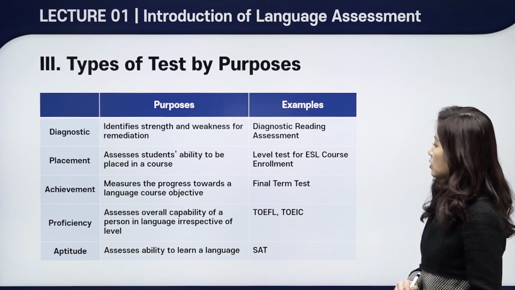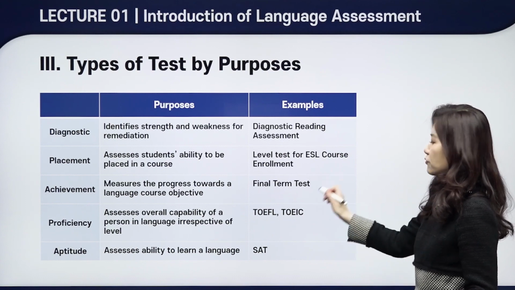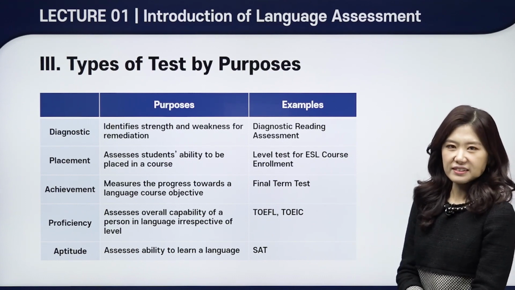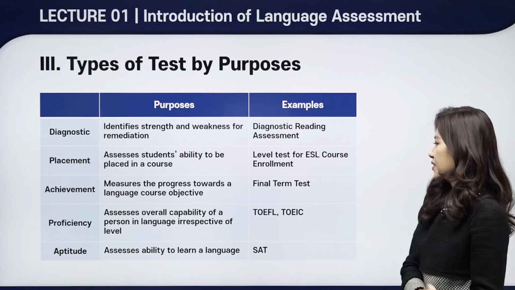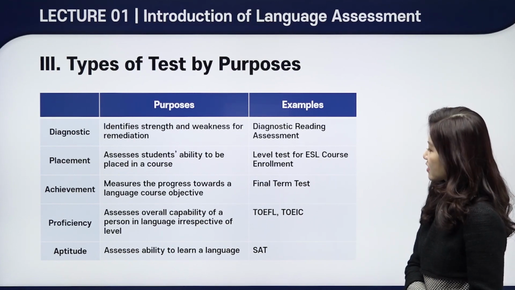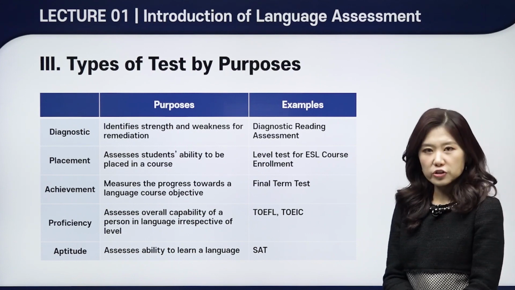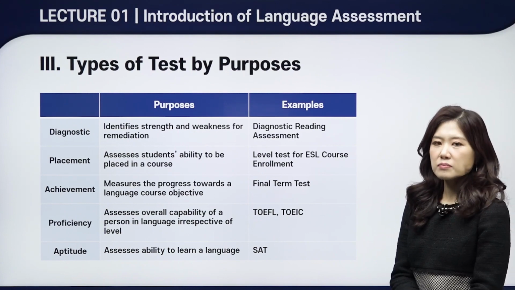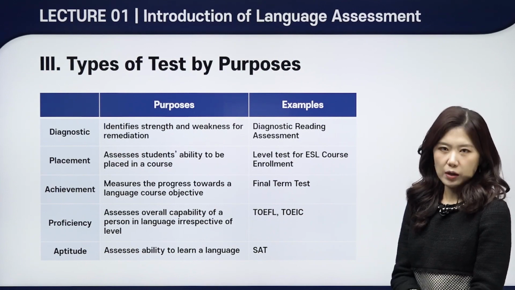So some examples of proficiency tests would be TOEFL or TOEIC. And finally, aptitude tests, such as the SAT, which assesses someone's ability to learn a language, how capable they are in learning a language.